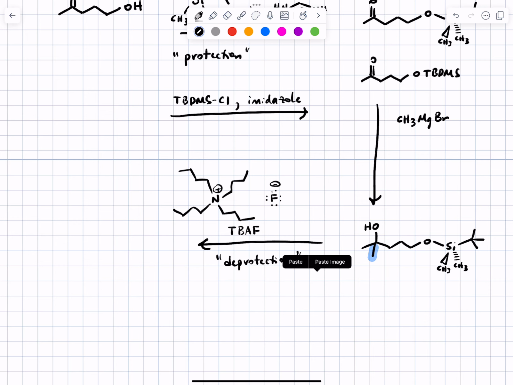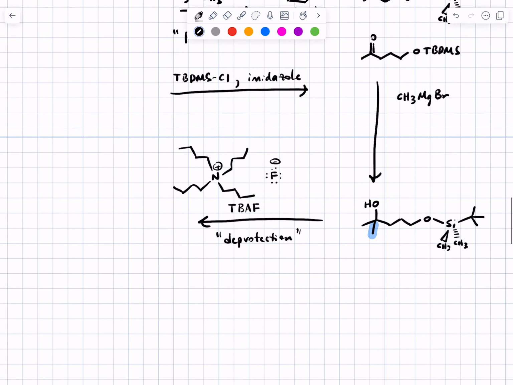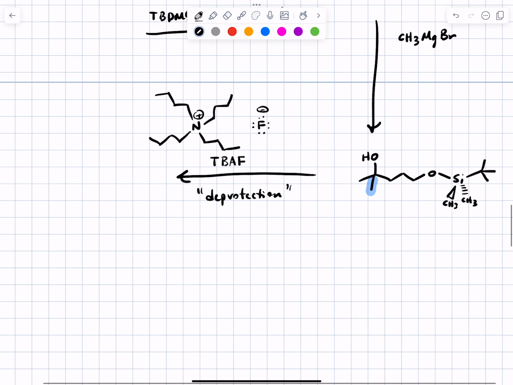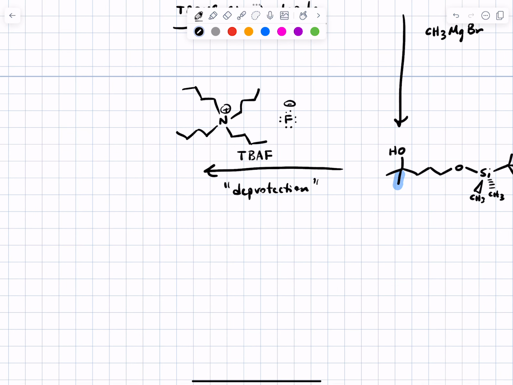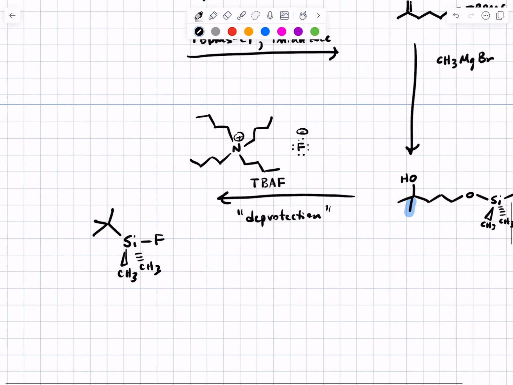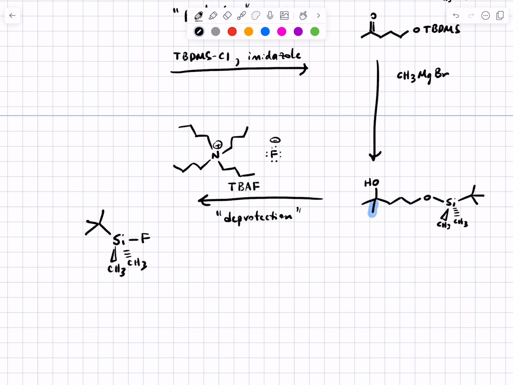TBDMS, TBAF, tuberculosis. I don't know what you're going to do to remember all of that. The fluoride anion is the business end of this reagent. The reason it works is because the silicon fluorine bond is very strong. So the fluoride ion is able to do a substitution reaction on the silicon that releases the oxygen.